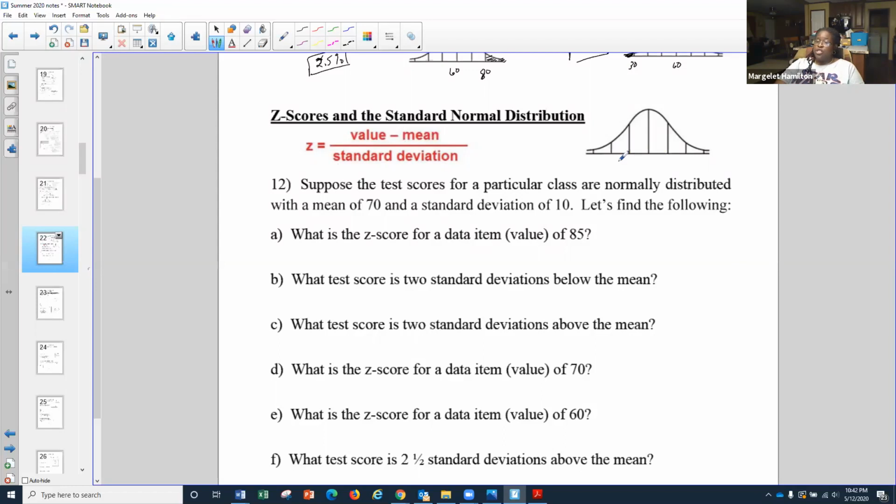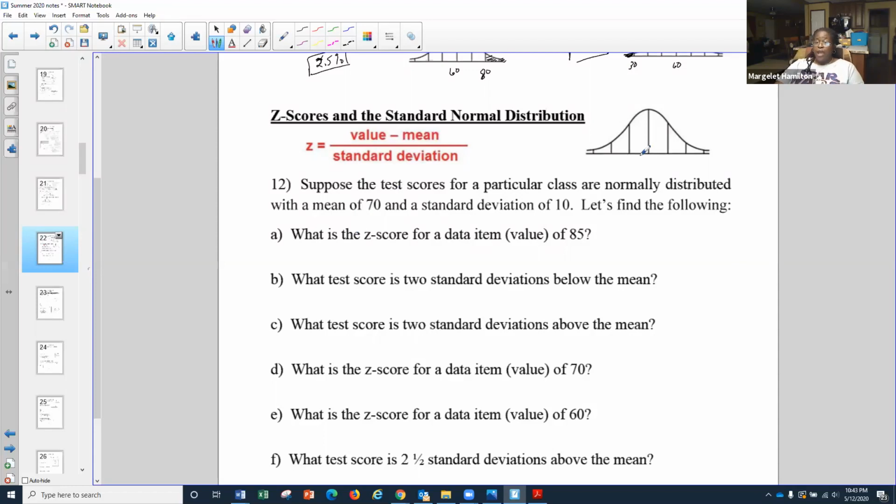Lots of times you can just look at your graph. So if you have to draw the graph, you can find the z-score just by looking at your graph. But sometimes you're not going to be able to tell because it's going to be in between, and it's going to be really hard to determine what those percentages or decimal points are. So hence, you're going to need to know how to use your formula.